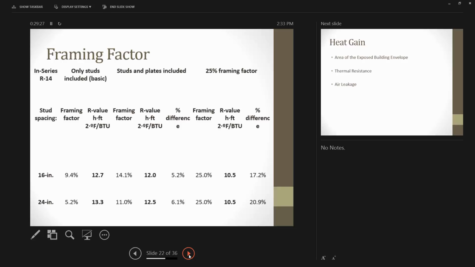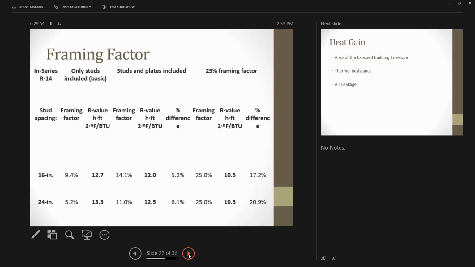My chart got a little mixed up, but you can see in the first column you've got your stud spacing, and if you do a stud-only framing factor, and this starts with an R14 clear R, so assuming that there's no other materials in the wall, we're looking at an R14 total R value.